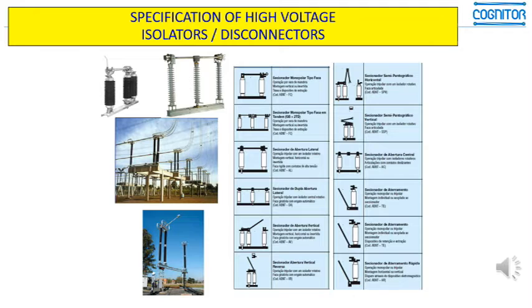Let's use now the example of specification of high voltage isolators or disconnectors, because this is an equipment in which most of the normal specifications related to the use of normal and abnormal currents and normal and abnormal voltages appear.